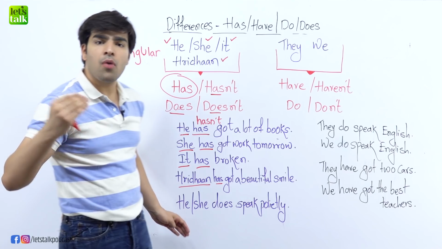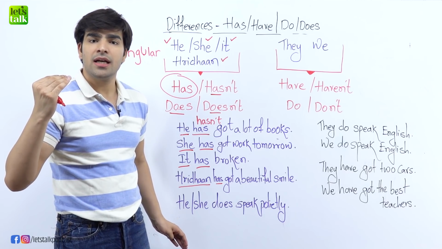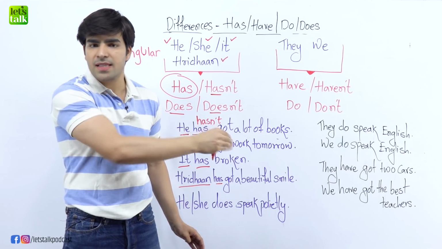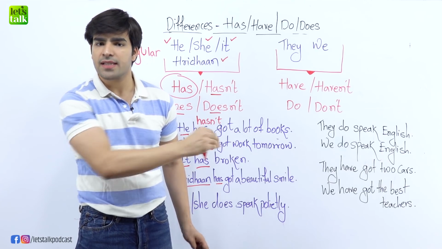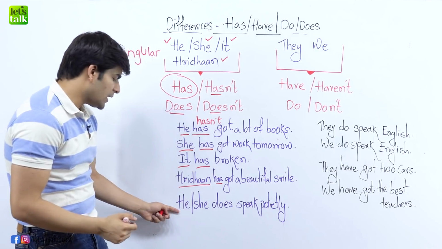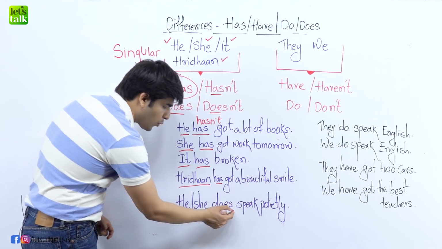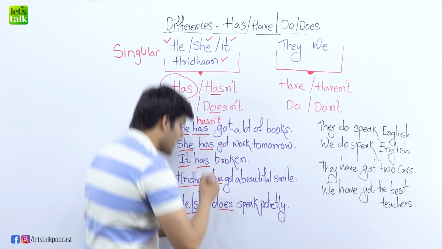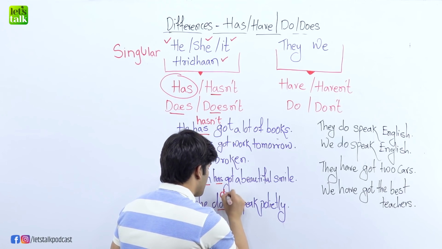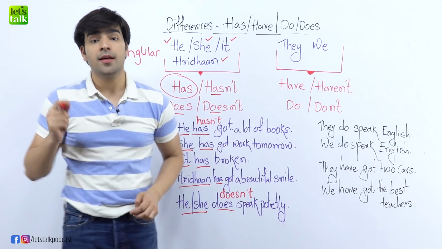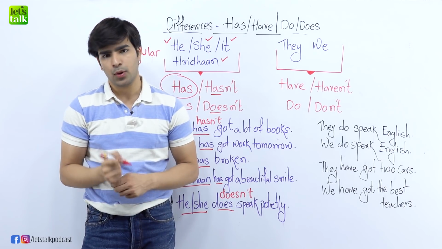Or Ram or Rahul does speak good English. Ram does speak good English. Rahul does speak good English. So here, he or she does speak politely. And what is the negative of does? Doesn't. He or she doesn't speak politely.